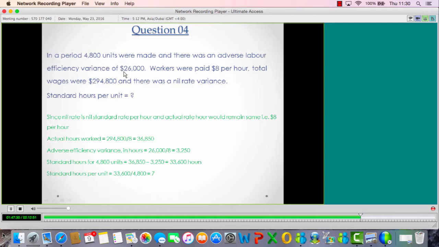Now remember, in my previous question, I said you should calculate the efficiency variance in the hours. Then what did we do to arrive at the dollar figure? We multiplied it by the standard rate.